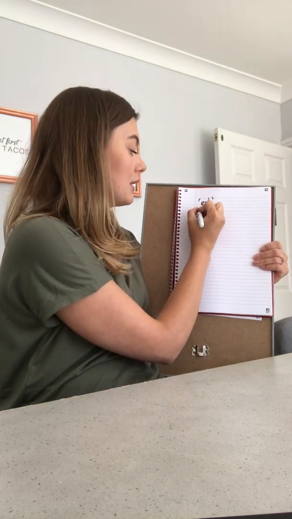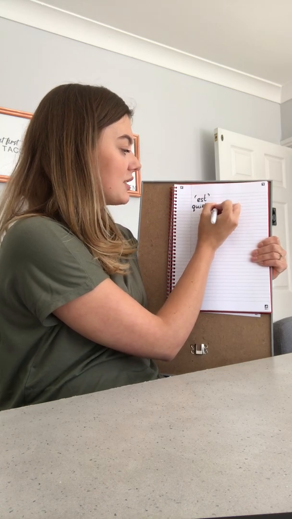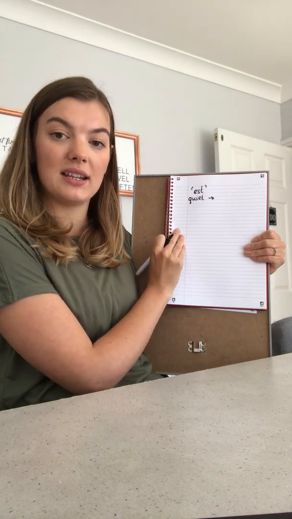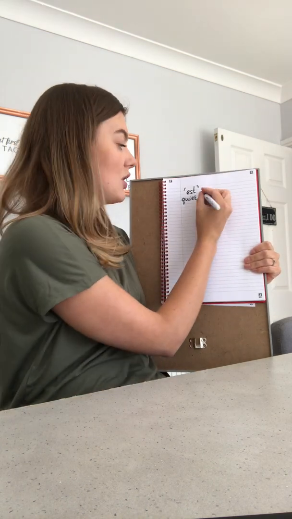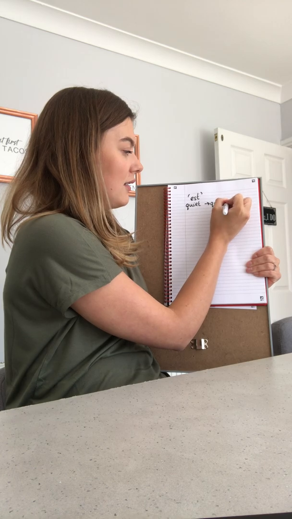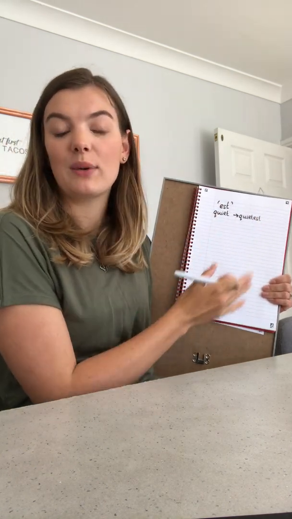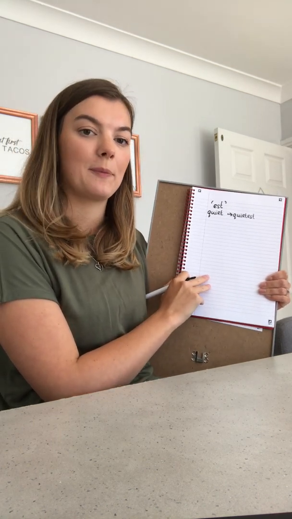So for example, if you've got quiet and you wanted to turn it into a superlative adjective to compare it to something else, you would say quietest. So I might say so-and-so is the quietest member of 2SJ.